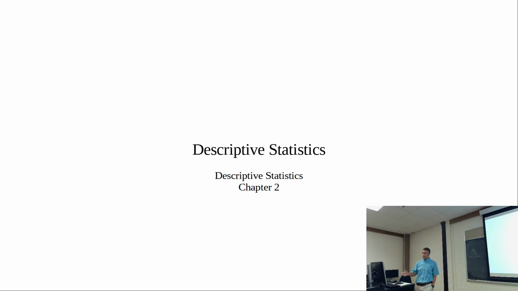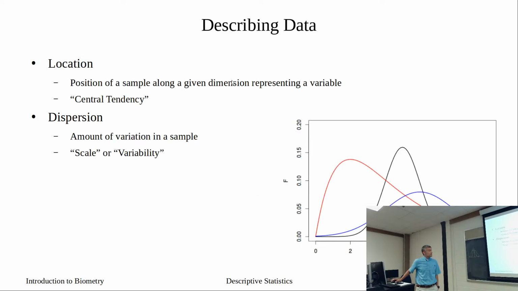All right, and this numeric summary is simply the field of descriptive statistics. All right, so when we describe our data, there are two things that we need to describe. We need to describe its location, and we need to describe its dispersion. All right, so our location is simply the central tendency of the data. Where do most of the data fall?